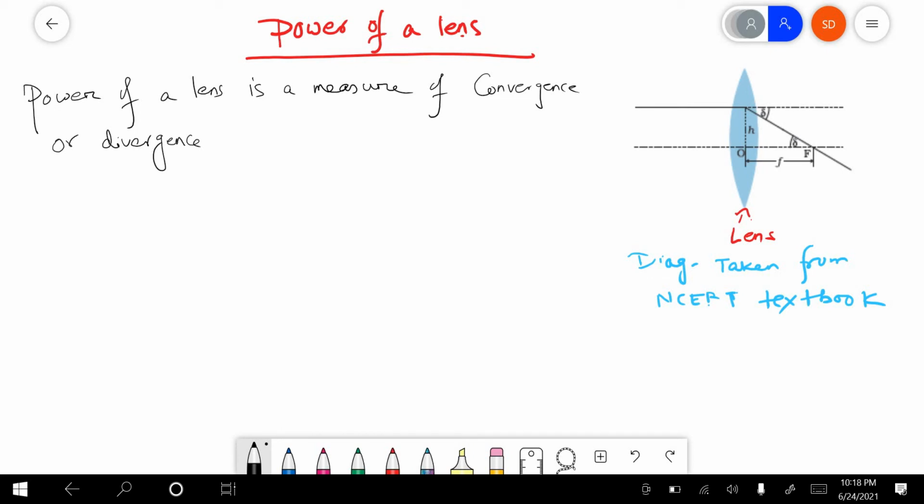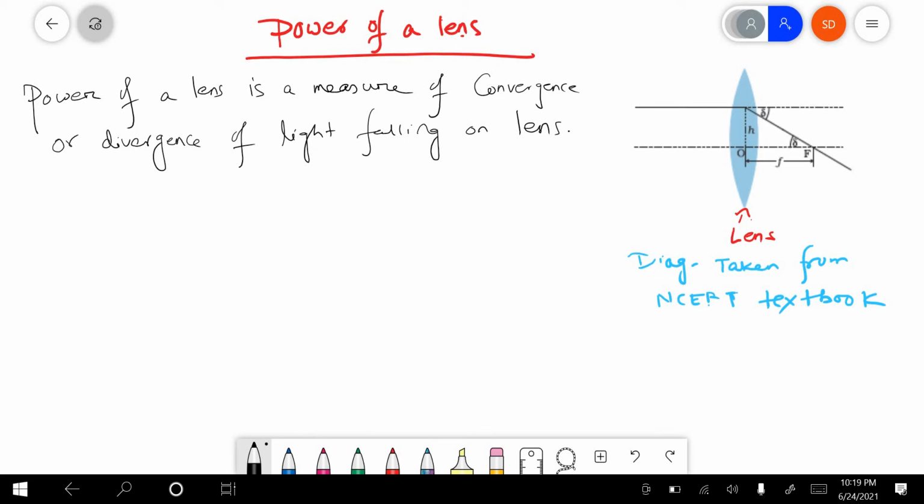If you define it, power of a lens is a measure of convergence or divergence of light falling on the lens. It is a measure of convergence for a convex lens or divergence for a concave lens for the light falling on the lens. A shorter focal length will have more convergence or divergence.